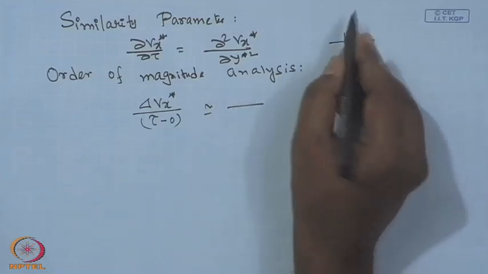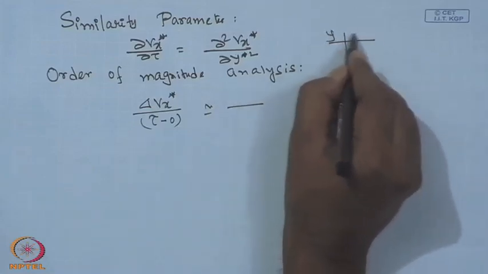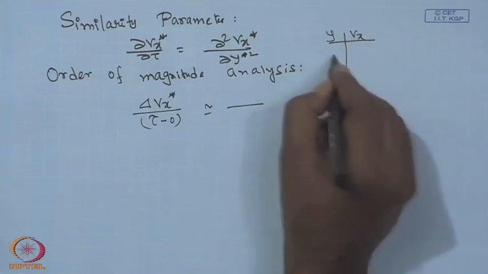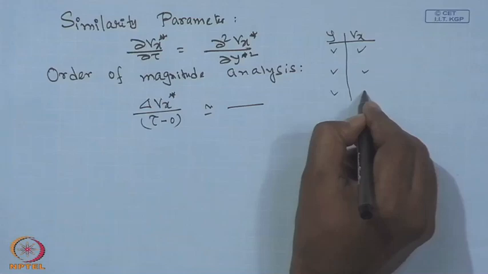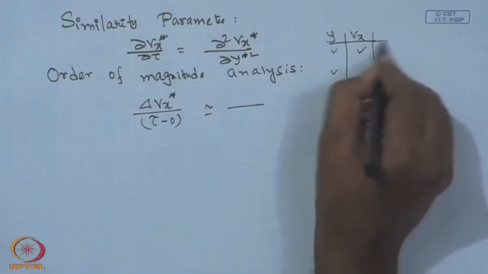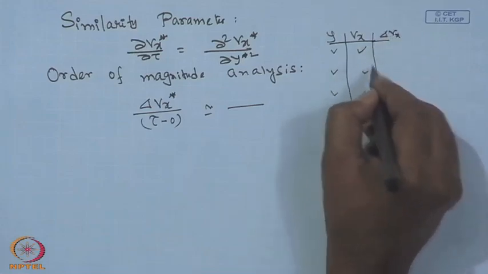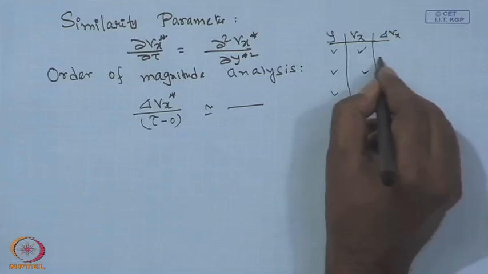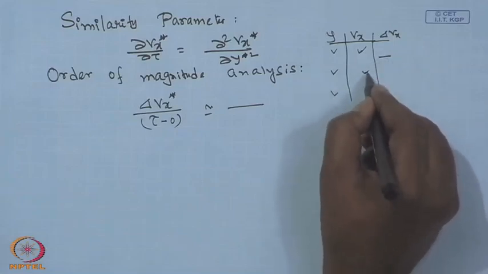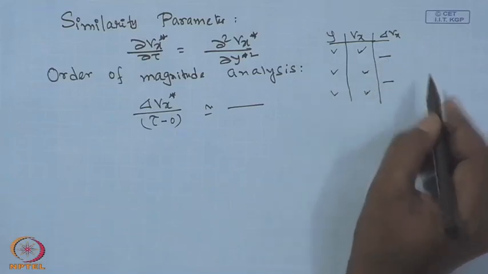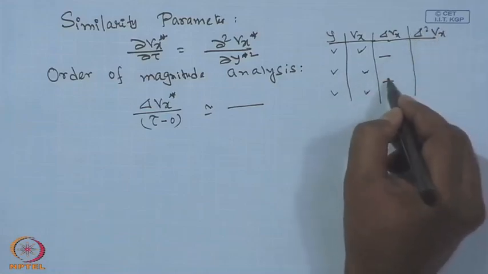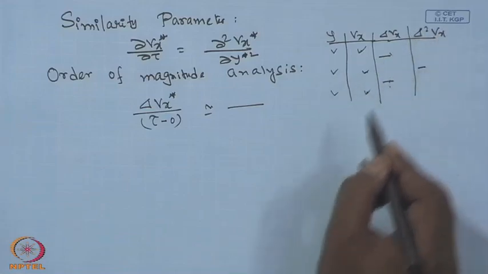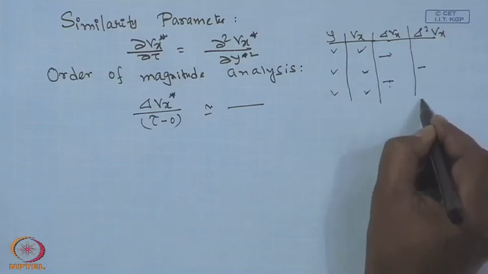If you have a discrete variable, let us say y and V x, then you have terms like here. So, delta V x will be given by this minus this. You will get a difference in between, and delta square V x is the difference between the two.